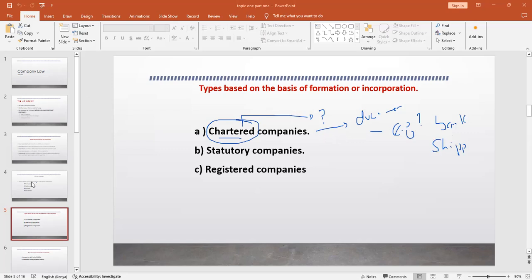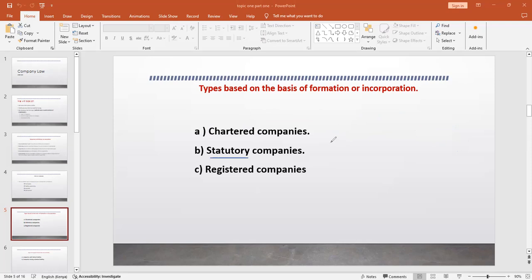Then we have companies that are started through statutes or through an Act of Parliament. What do we have here? Companies that have been started through an Act of Parliament. Examples of such companies: Railways Corporation.